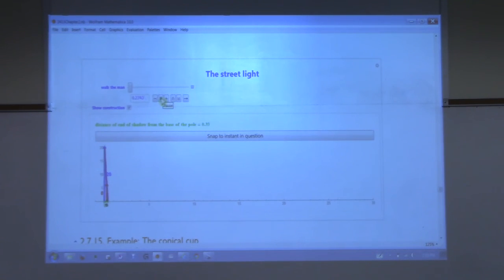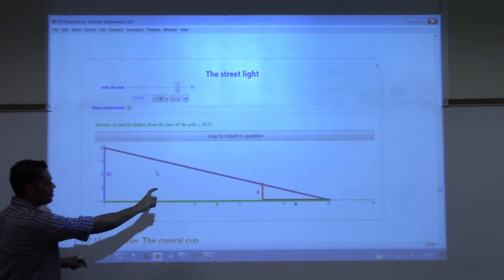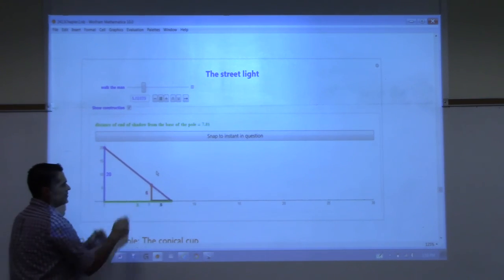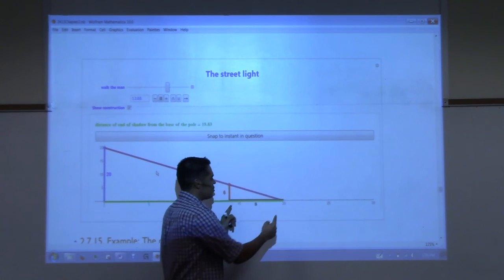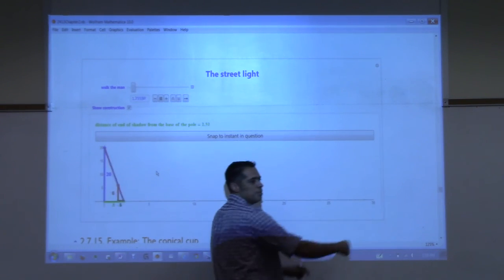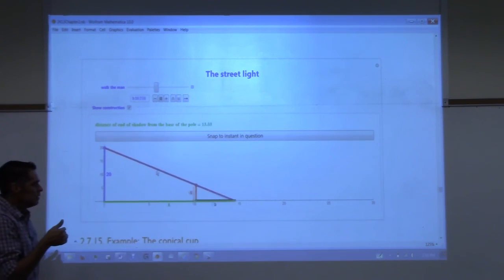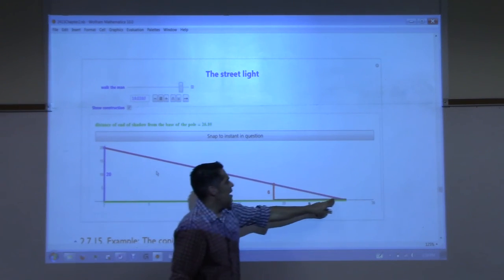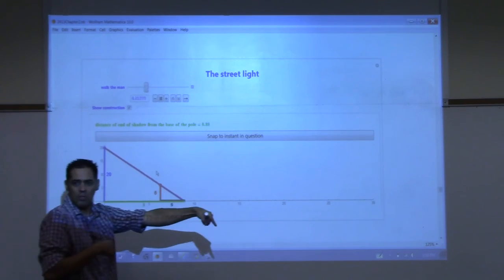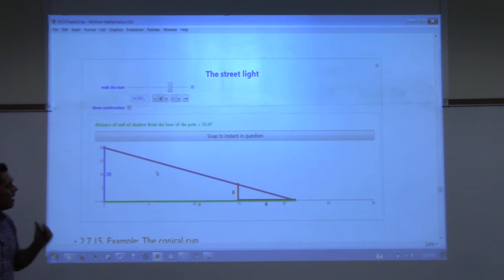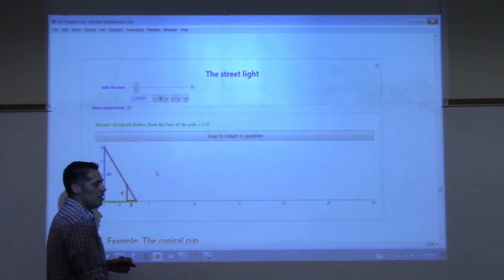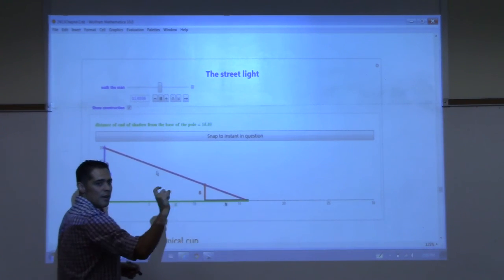This one is a person, this is a light pole. This is a person that's 6 feet tall that's running away from the light pole. And we're trying to figure out how fast their shadow is moving. You see their shadow here? As they get further away, their shadow gets longer, right? So what we ask is at a certain instant in time, how fast is the tip of that shadow moving?